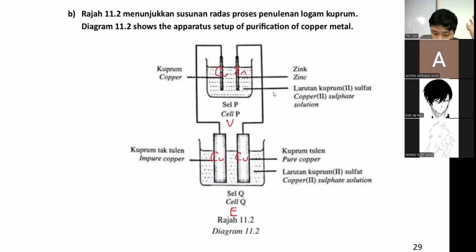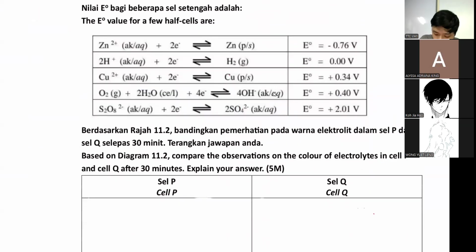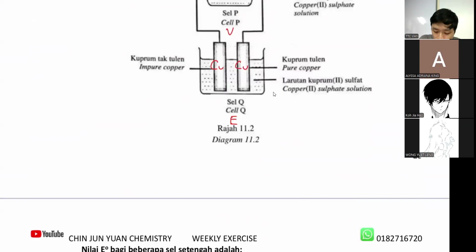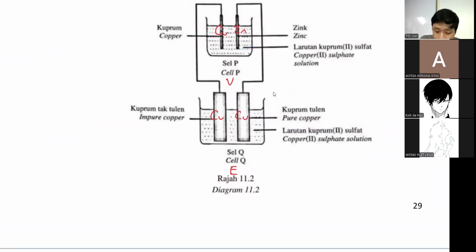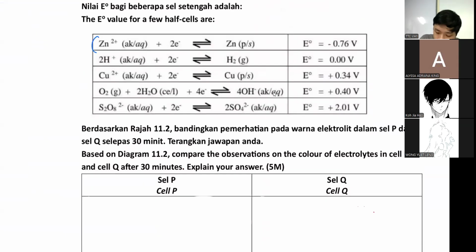How? They will always connect this to the anode. How do we know? You can check the E naught value given. For the voltaic cell, you can already check between zinc and copper. Zinc E naught value is more negative, anode. Copper E naught value is more positive, cathode.